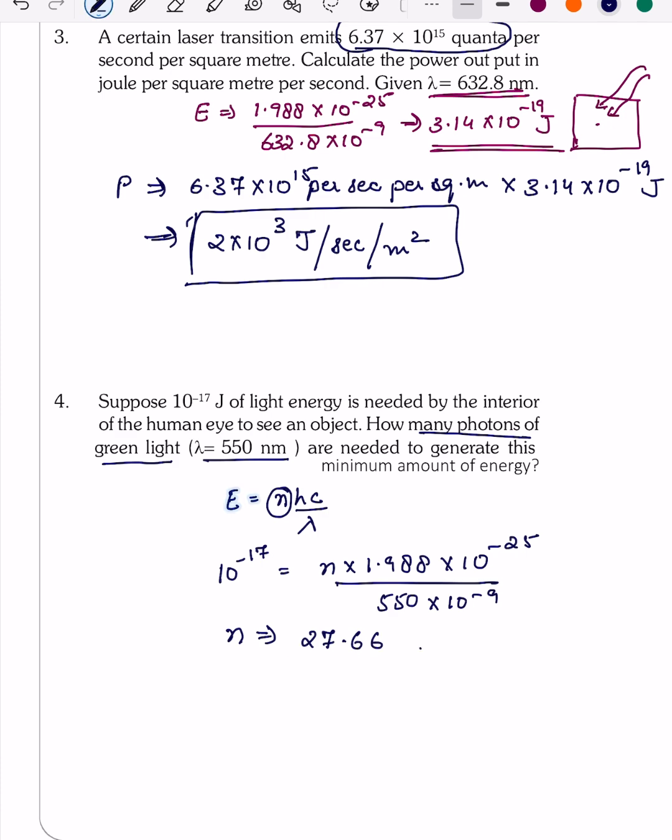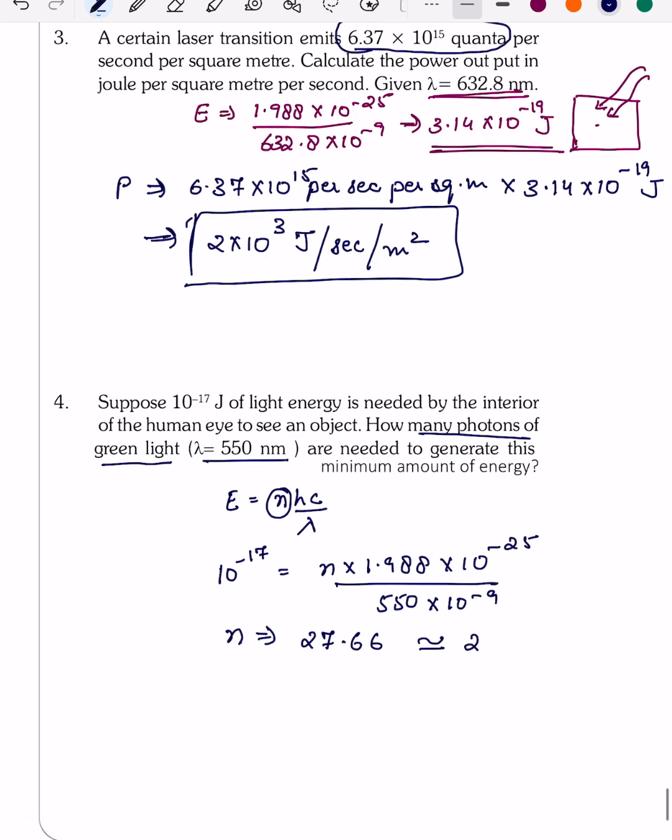Number of photons will not be in fraction, it cannot be a decimal number, they have to be whole number, so we can take it as 28. So 28 photons will be the answer.